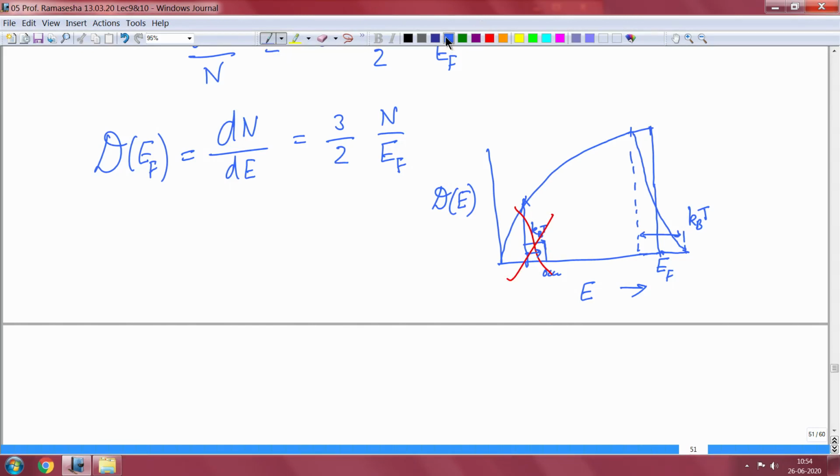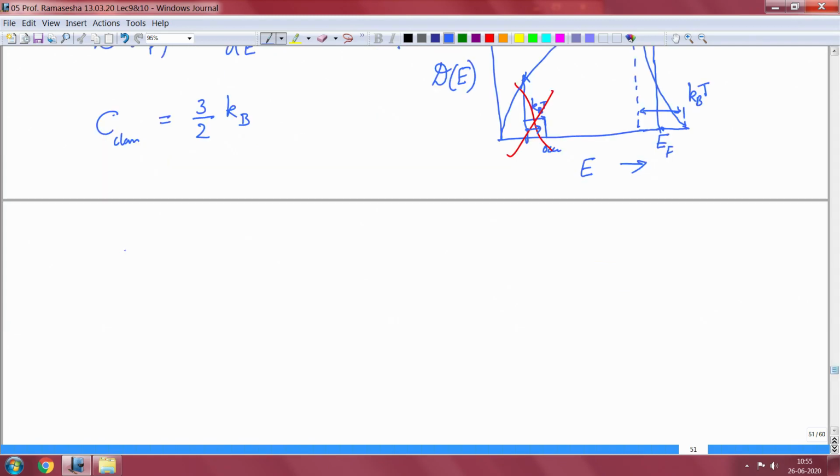So that means that the classical expression for the specific heat C classical is 3/2 kB, where we have assumed that it is possible to excite every one of the electrons because there is no Pauli exclusion principle or Fermi Dirac distribution. Any state can be occupied by any number of electrons in a classical case, and so it is just 3/2 kB.